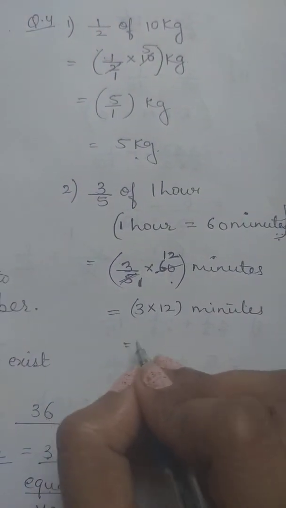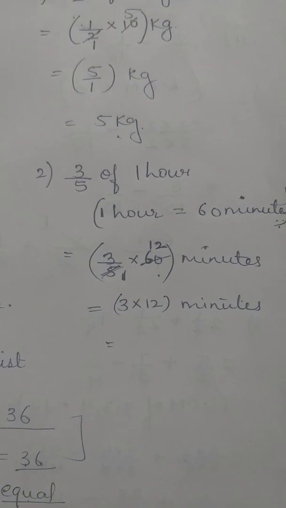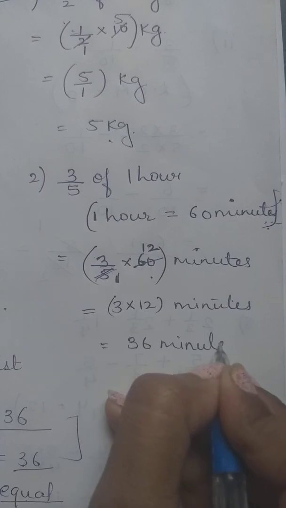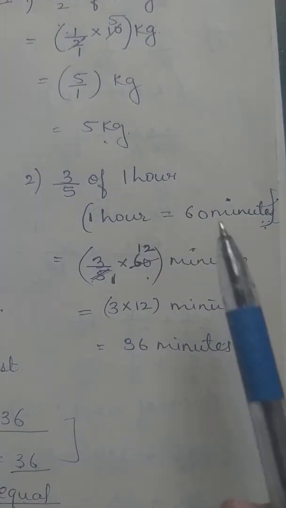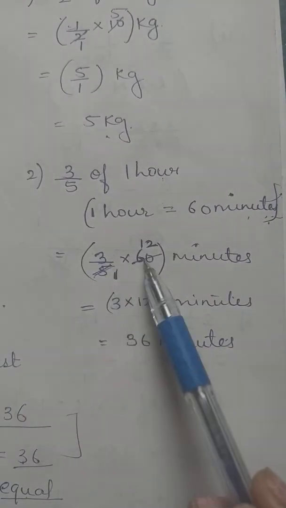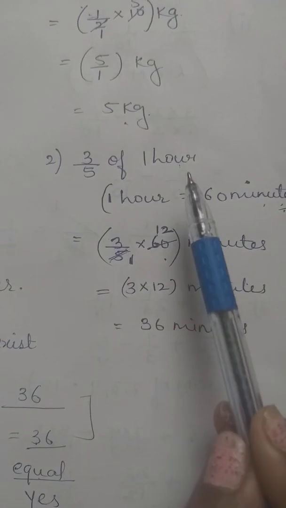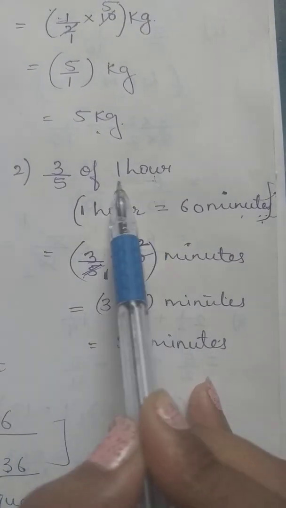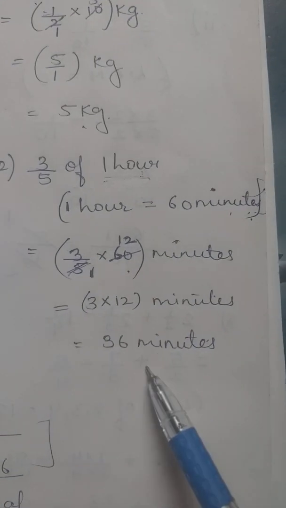See, 3 12s are 36 minutes. So what I have done is converted the hour into minutes, then 3 by 5 into 60. Yes, find the lowest terms of each of the given numbers and then multiply.